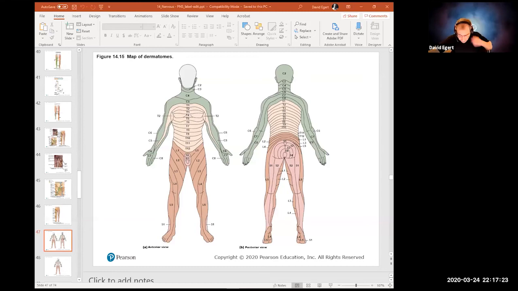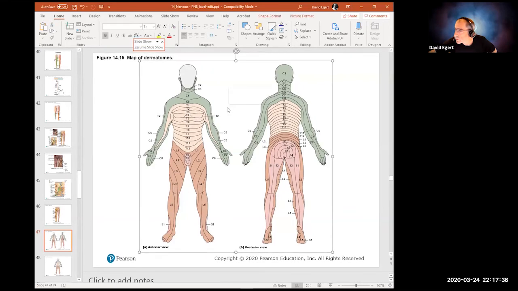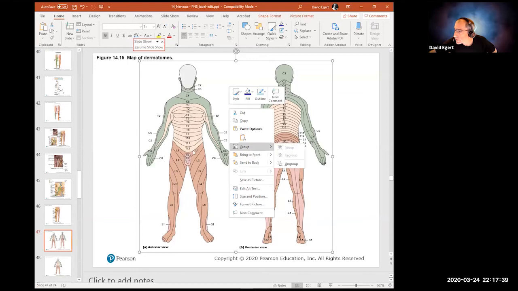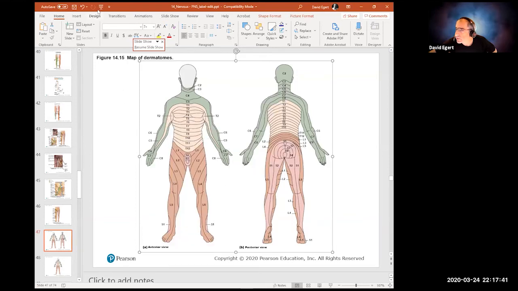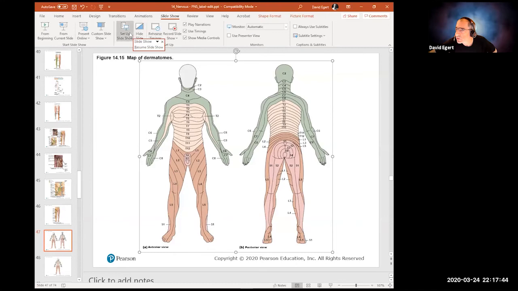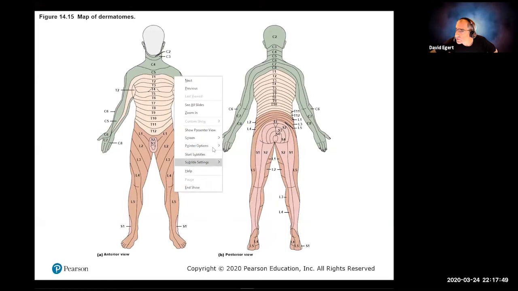Yes. So these are called dermatomes. This is parts of your skin that are innervated by sensory signals.